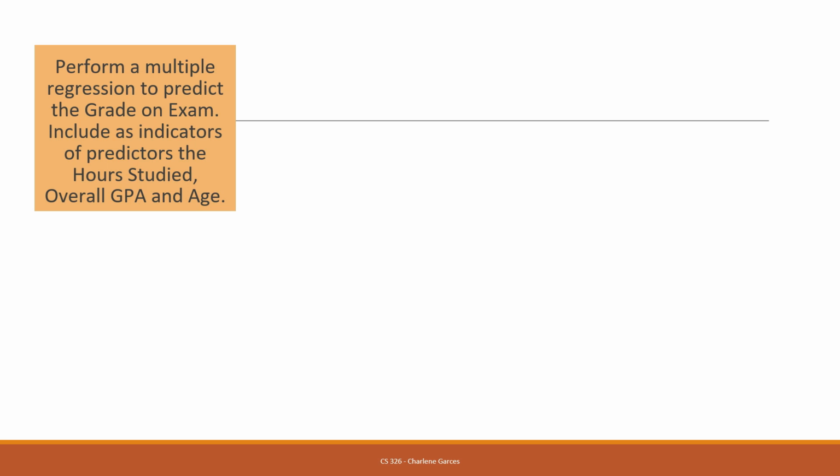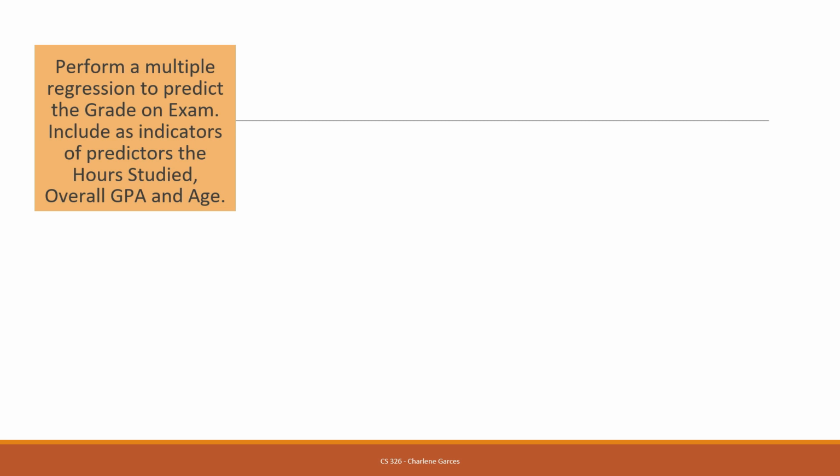Earlier we had an example regarding the independent and dependent variable. We are going to perform a multiple regression to predict the grade on the exam of a student, including as indicators or predictors the hours studied, the overall GPA, and age.